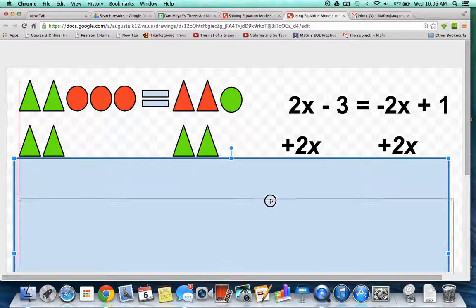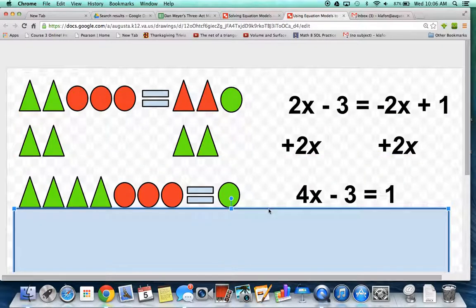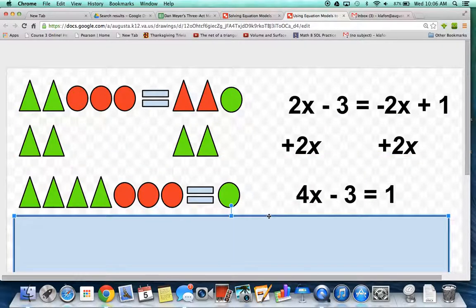So my resulting model looks like this. I now have 4 green triangles, or 4 x's, because 2x plus another 2x gives you 4x. I still have my 3 red circles, so that's -3 in the equation. I have my equal sign still, and I still have my 1 green circle, so that equals 1.